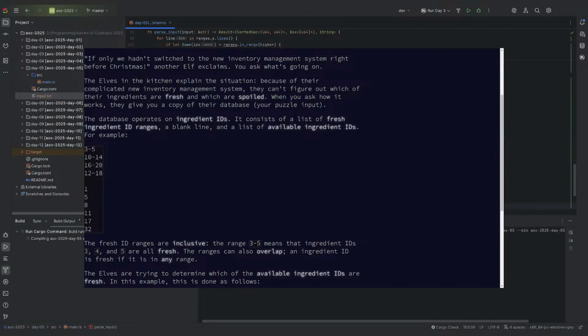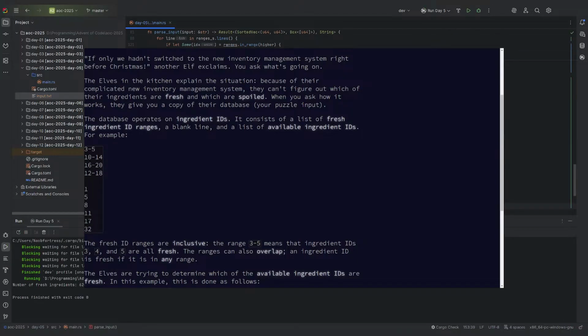So this is now missing ranges or what? Don't get it.